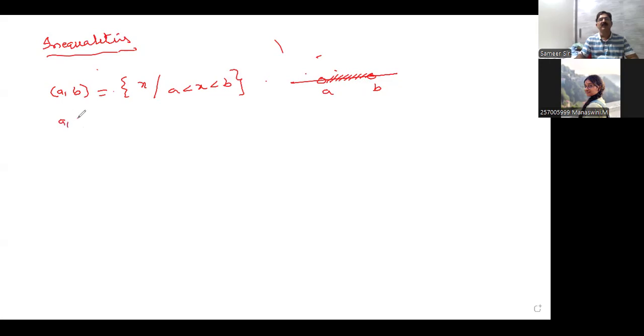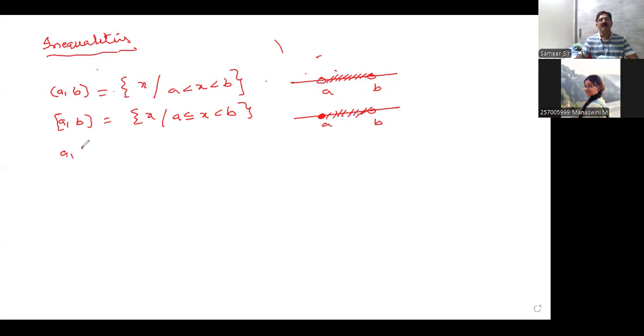In the same way, if I write like this, this is left closed. This is a closed circle, a is closed because it is included. This is open, and all the elements which lie between a and b.